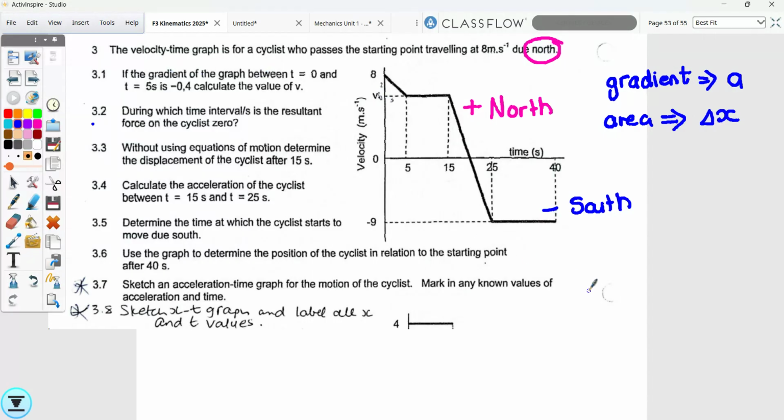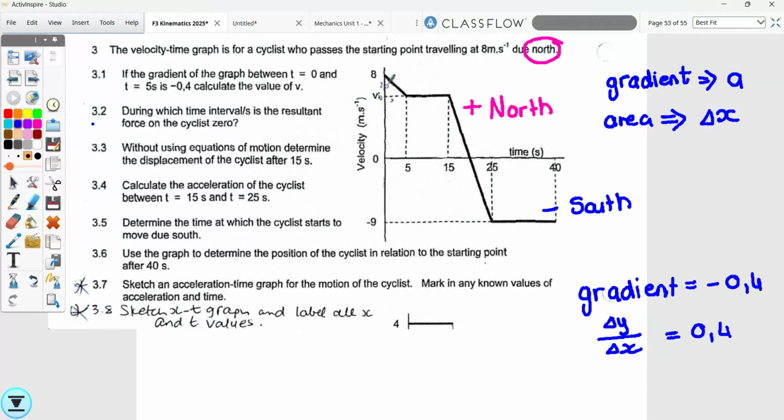So they're telling you the gradient is equal to minus 0,4. You know the gradient is change in y over change in x, right? And they're asking you what the velocity is there.